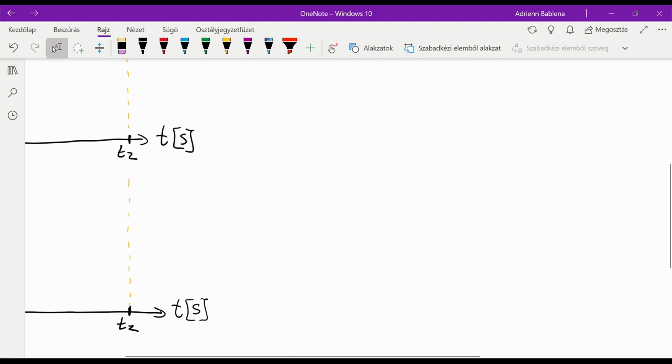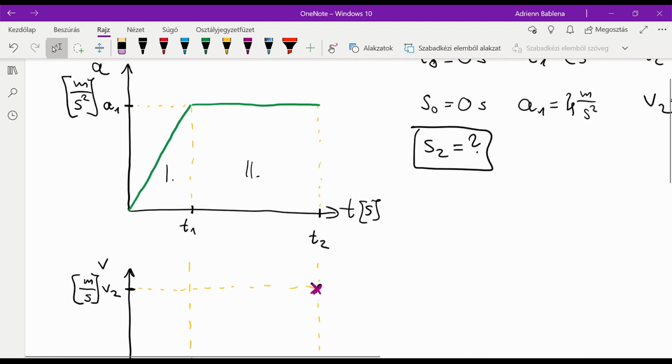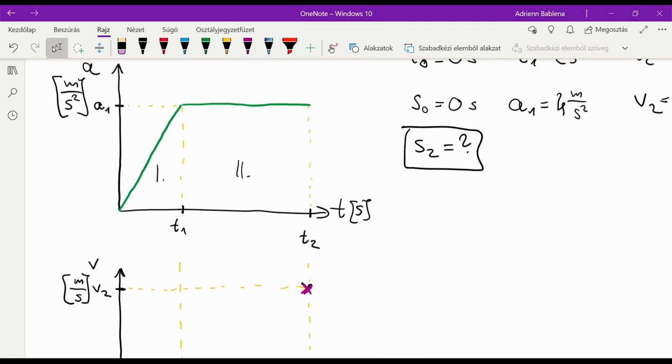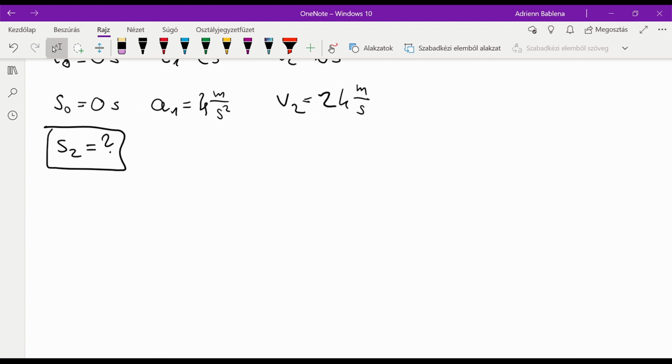What we know? We know that the velocity is the integral of the acceleration, and that displacement is the integral of velocity. And we have two sections again, so we have to split our exercise into two sections. In general, we can write the constant variation of these functions now.